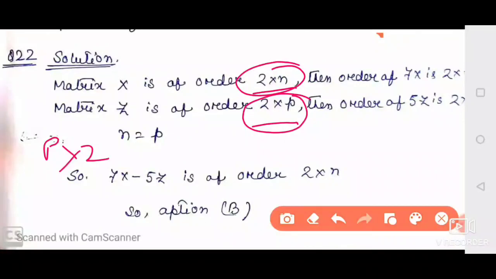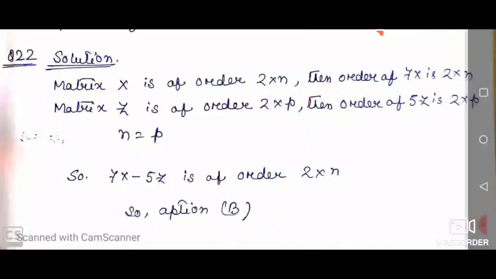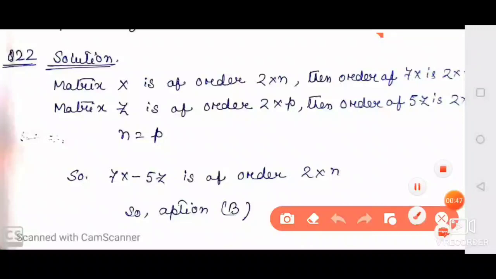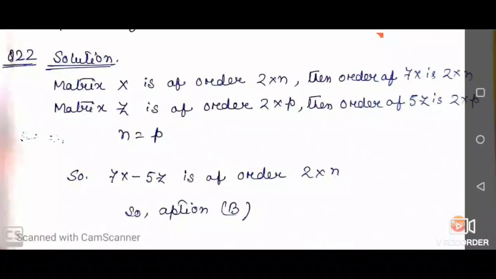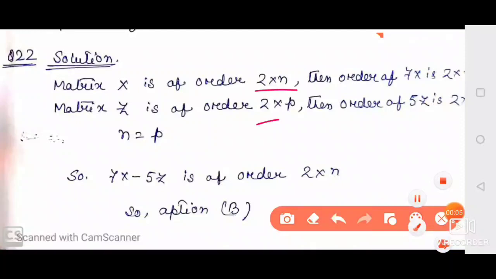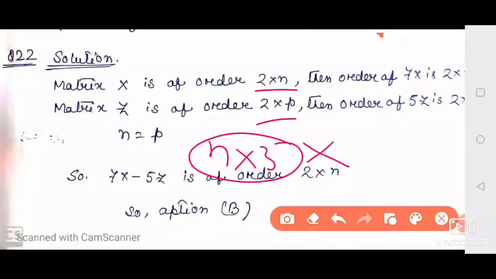So option A cannot be the answer. Now option C is given the order of 7X minus 5Z is n by 3, which cannot be possible because here 3 is not given anywhere. 2 is given but 3 is not given anywhere. So the order of 7X minus 5Z cannot be n by 3, which is wrong.